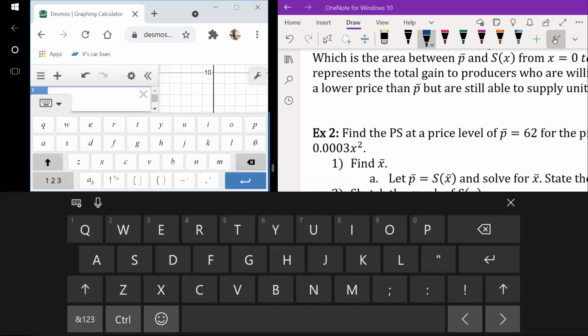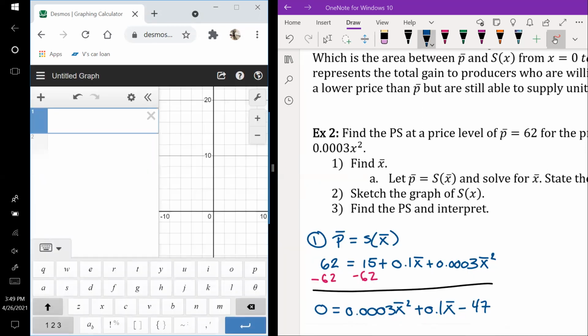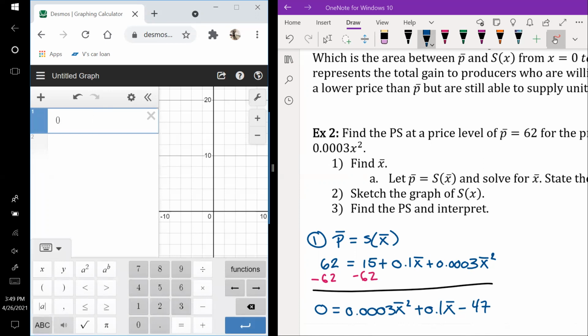Desmos. Yeah, for sure, right? 0.0003. Oh, one more 0, right? Yep, 3. And you're just going to type in regular old X. There's no X bar on here. So X squared plus 0.1 X minus 47.